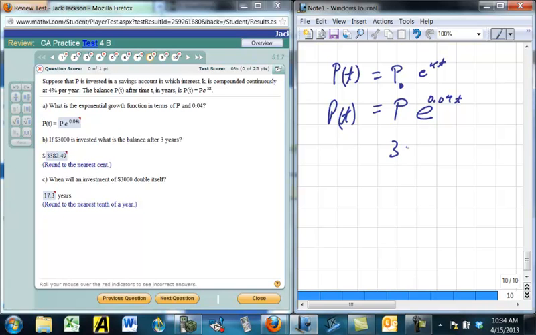Now, if we know that we invest $3,000, that goes there. And we're going to go for 3 years. So in these type of compound continuous problems, this is 4% per year, that's 3 years, so those things cancel out.